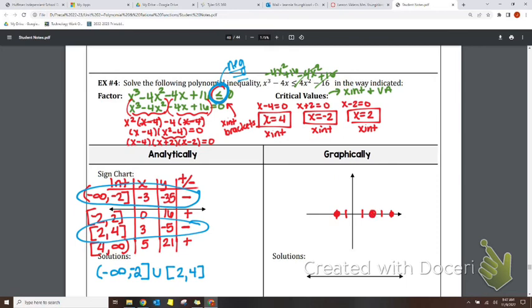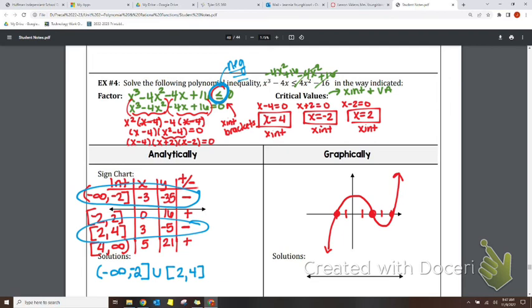Looking up there where I have it less than or equal to 0, I can see its degree is 3. So I know my end behavior is going to go in opposite directions. My leading coefficient is positive, which means the right side's going to go up. Because they go in opposite directions, the left side goes down. Each of my x-intercepts had a multiplicity of 1, which means it's just going to cross. So we know our graph is going to look something like this.